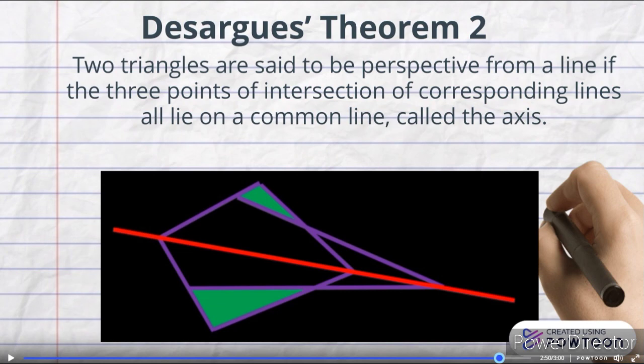Theorem 2. Two triangles are said to be perspective from a line if the 3 points of intersection of corresponding sides lie on a common line called the axis. There's a picture below, as you can see.